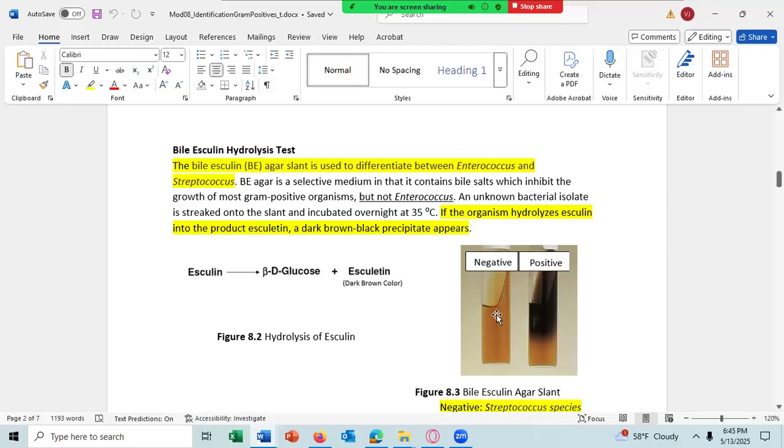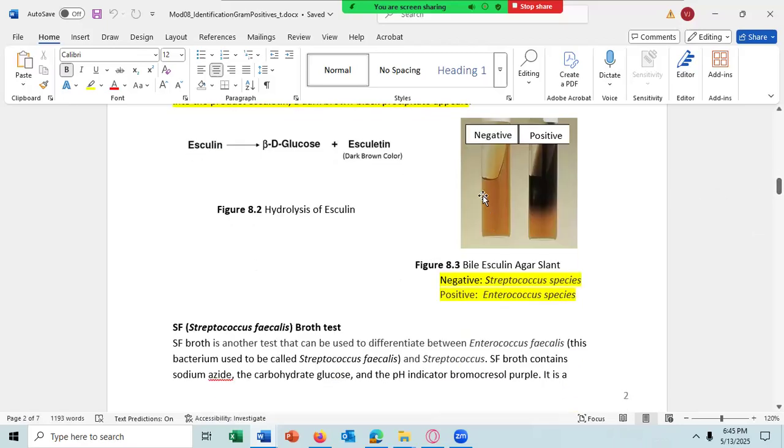If, on the other hand, the tube is negative, it'll have no darkening or very slight darkening of the tube, and that's negative. Streptococcus species are negative in the bile esculin hydrolysis test, and the Enterococcus family is positive in the bile esculin test. Any question there?